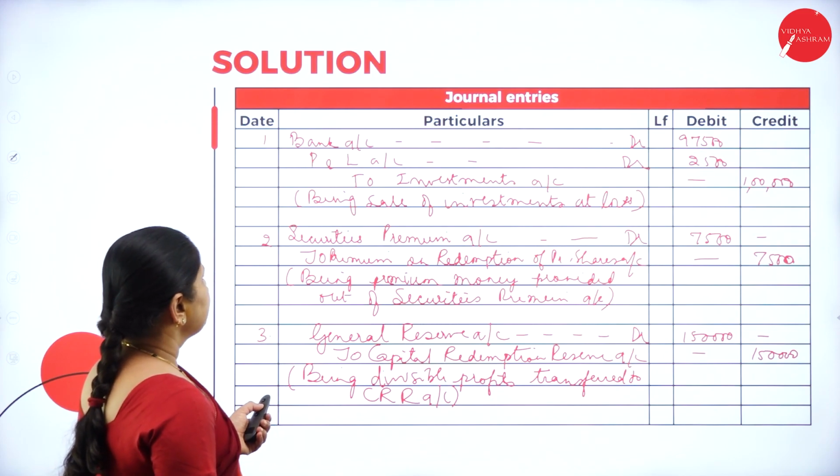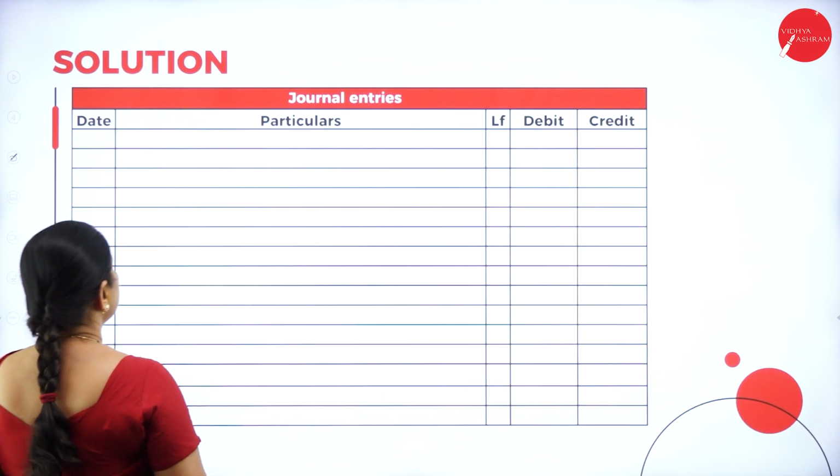Now the next entry will be for the money due to preference shareholders.